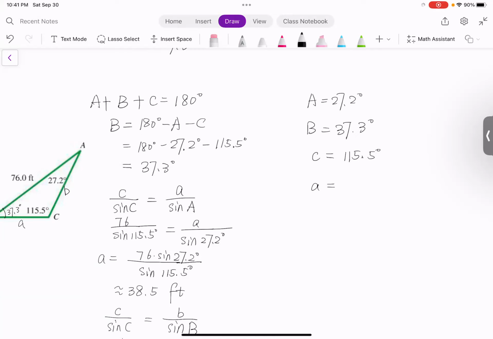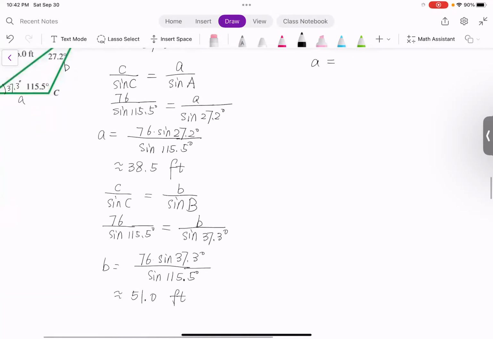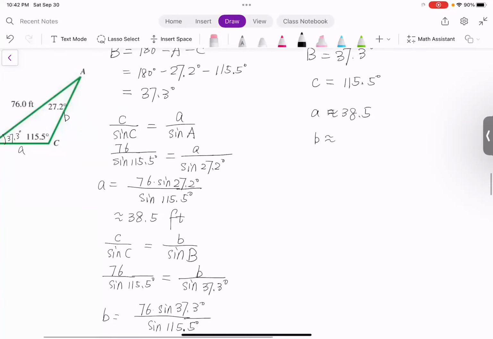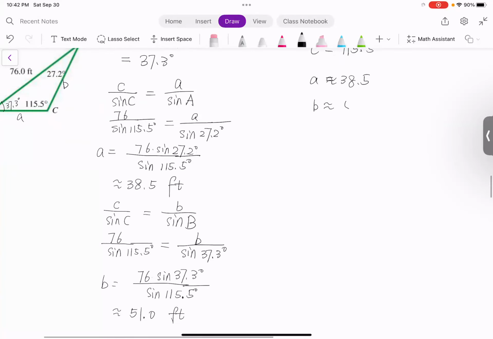Lowercase a equals 38.5, and b equals 51.0. So the units, they are all feet. Lowercase c equals 76, and the unit is feet.